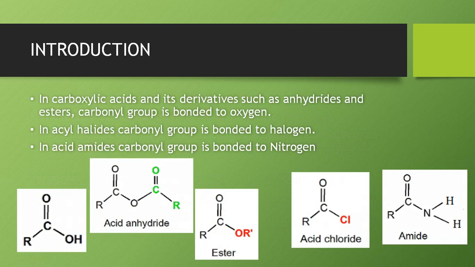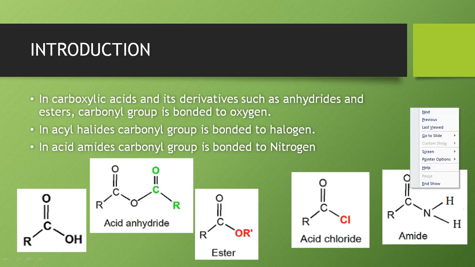In carboxylic acids and its derivatives such as anhydrides and esters, the carbonyl group is bonded to oxygen. You can see here in acid anhydride and in carboxylic acids, the carbonyl group is bonded to oxygen.